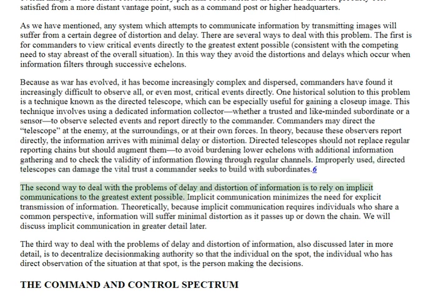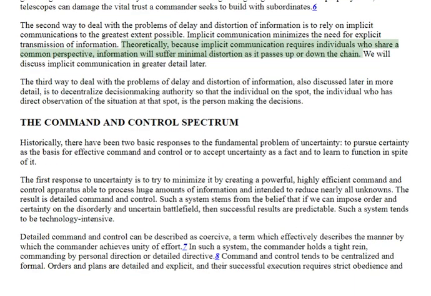The second way to deal with the problems of delay and distortion of information is to rely on implicit communications to the greatest extent possible. Implicit communication minimizes the need for explicit transmission of information. Theoretically, because implicit communication requires individuals who share a common perspective, information will suffer minimal distortion as it passes up or down the chain.